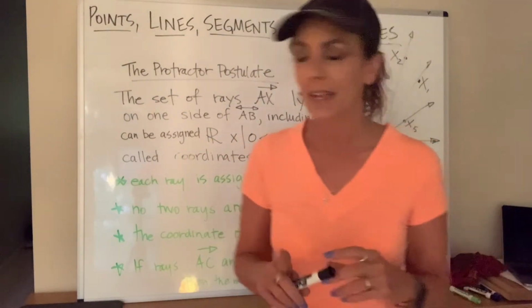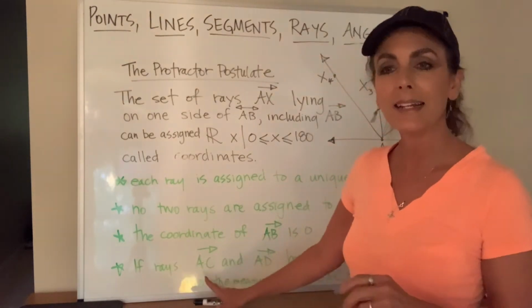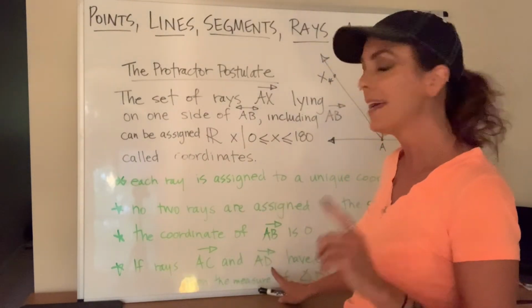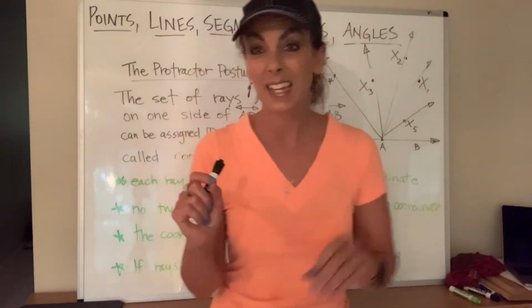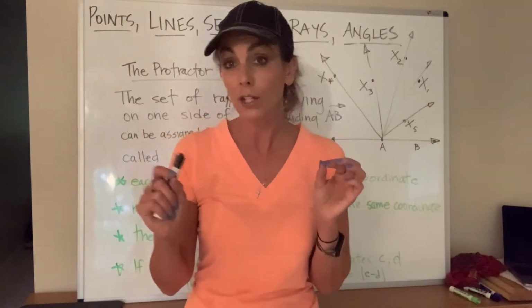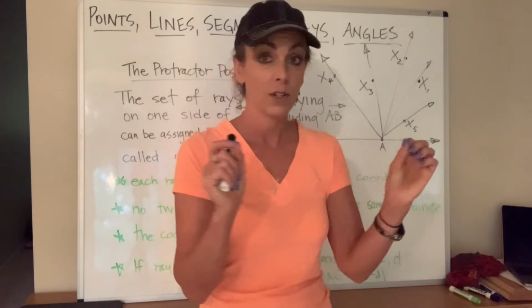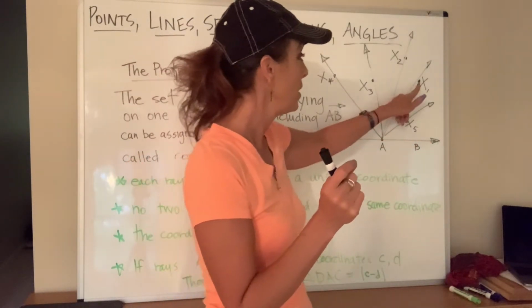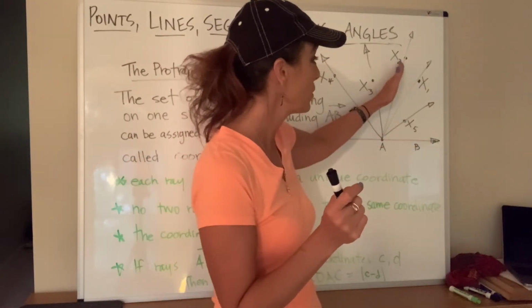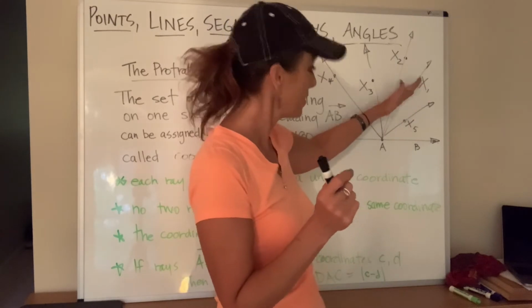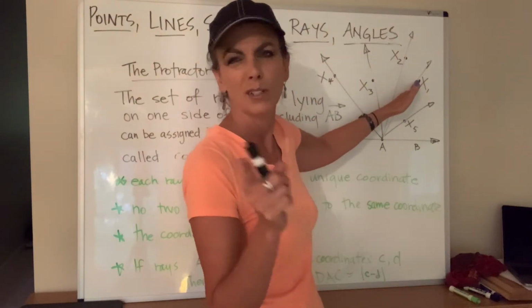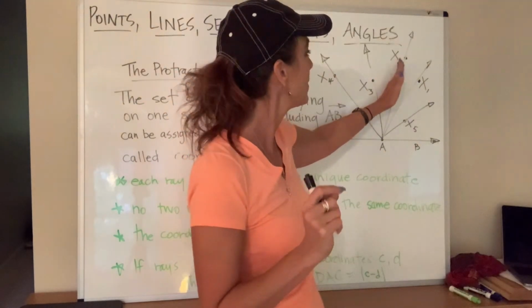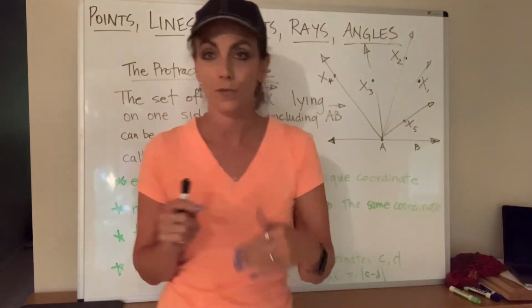And then the last thing is if rays AC and AD have coordinates C and D, so some values C and D. So in other words, like what do we say, 70.2, and let's just say that this is 55.2 to make it easy, all right? 70.2 and 55.2.